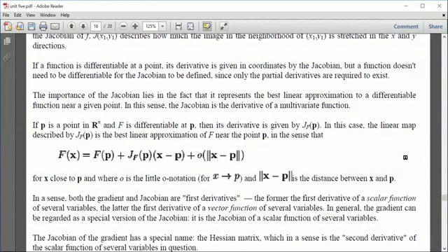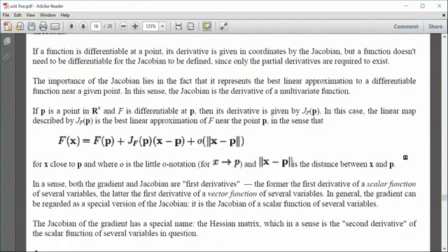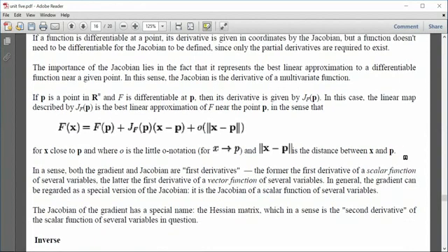We need to get this point very clearly, since only the partial derivatives are required to exist. Are we all together? So the importance of a Jacobian lies in the fact that it represents the best linear approximation to a differentiable function near a point. In this sense, the Jacobian is the derivative of a multivariate function.